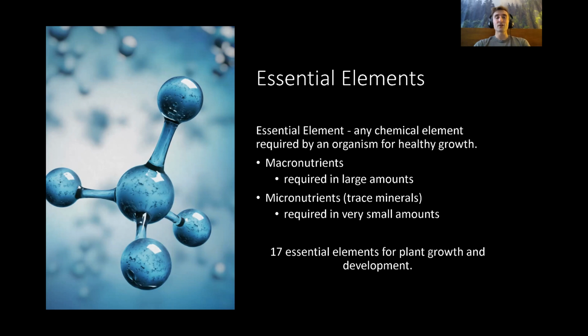But the reason these are called the essential elements is because the plant cannot produce these themselves. The plant needs to find them in the soil. All the other elements that are beneficial, up to 40 or 42 beneficial elements, the plant can produce many of those if it has access to the 17 essential elements.